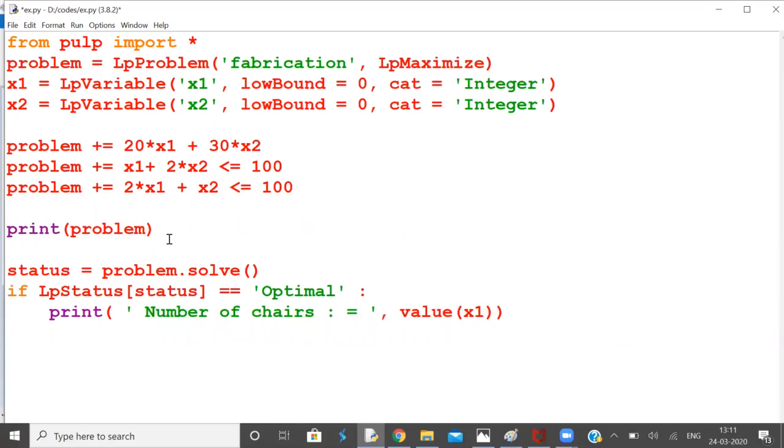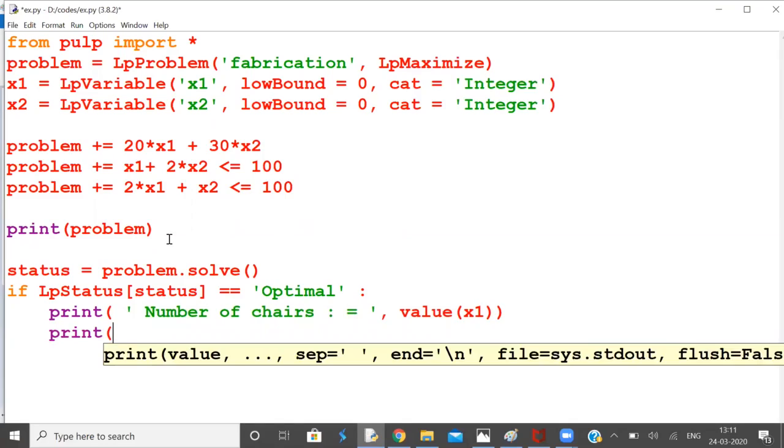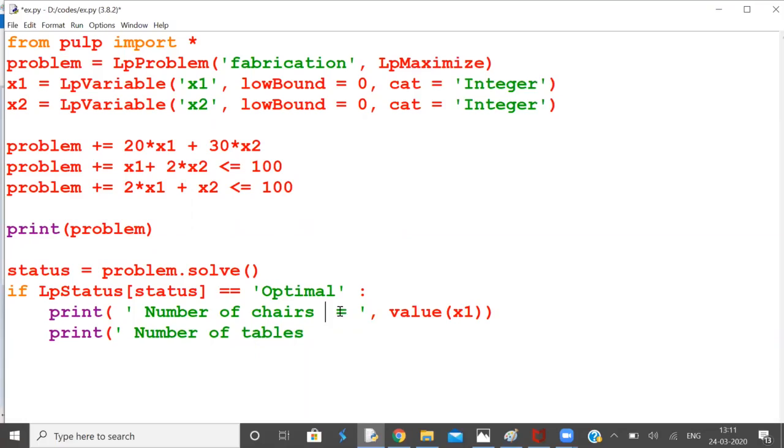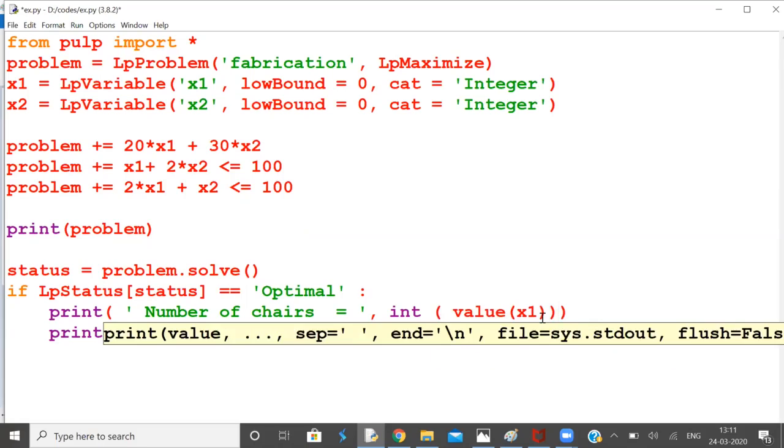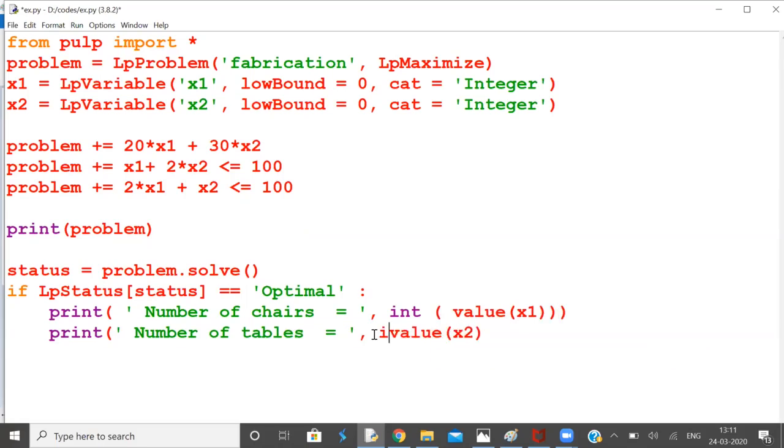Next print number of tables, which is x2, so value of x2. Next, you get floating point values and make them integers.